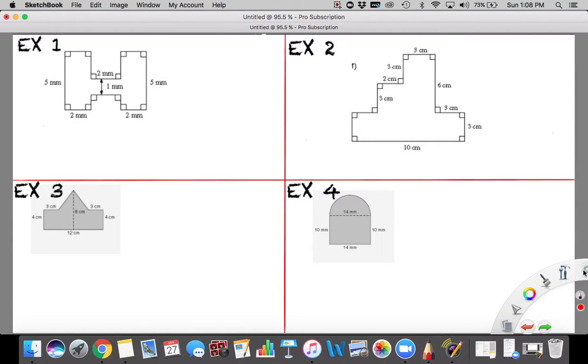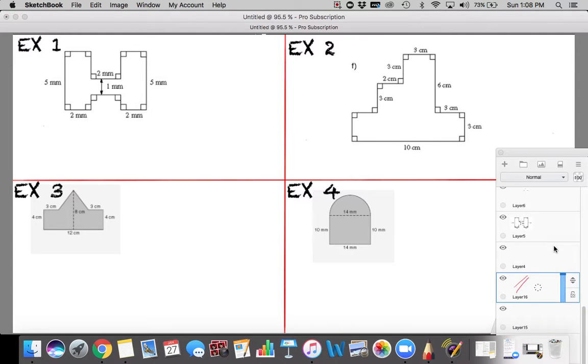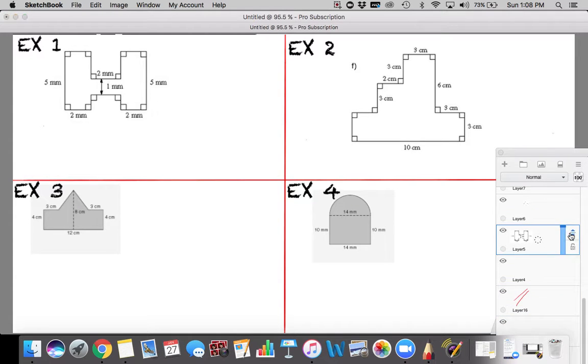So let's go ahead and get into the first example. Example 1. So we're going to break this down into different shapes. Right here we see a rectangle, we see another rectangle in the middle, and then a rectangle here on the side.